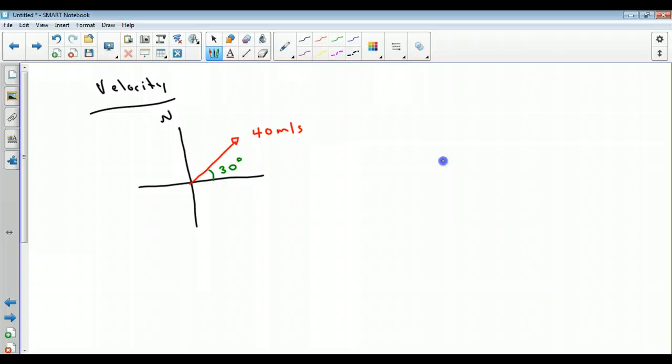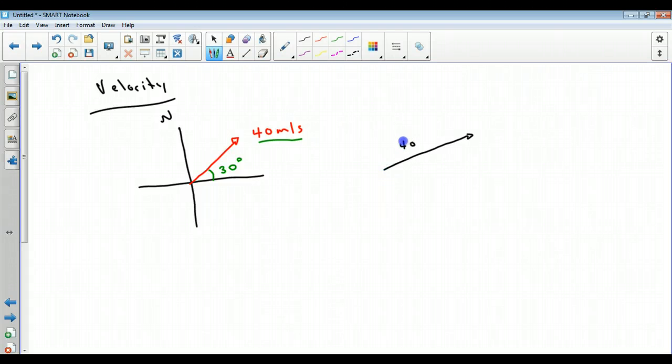And I want to know, this object is traveling at 40 meters per second, so what are the equivalent eastward and northward velocities for an object going 40 meters per second? Because you can imagine, if we went east and then north for the same amount of time that we went this way, we could figure out a velocity in each of these directions that would be equivalent to this velocity here.